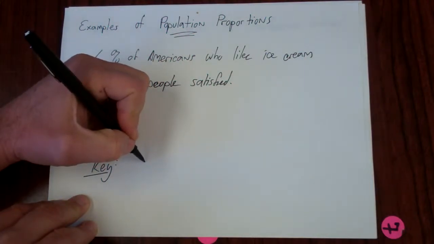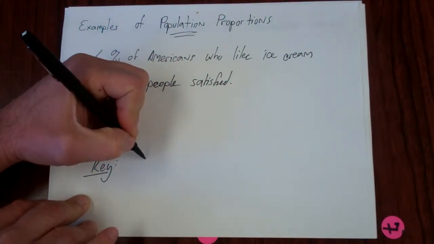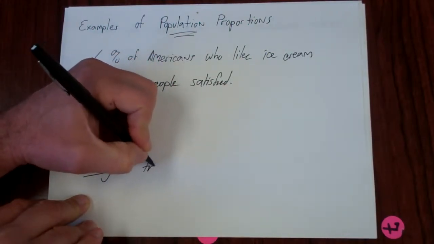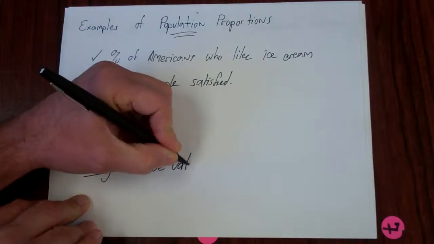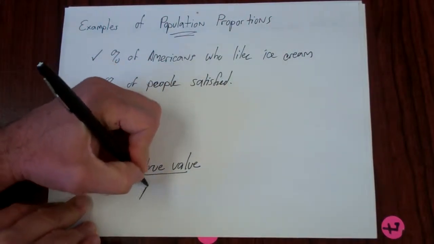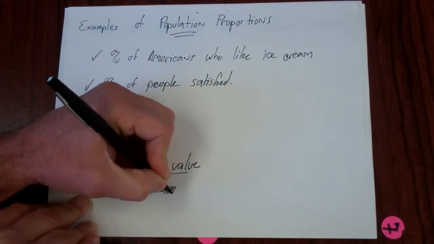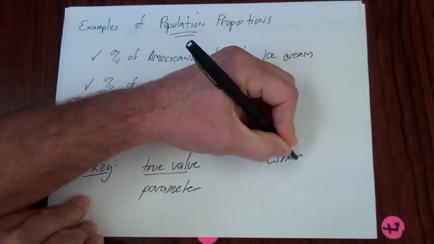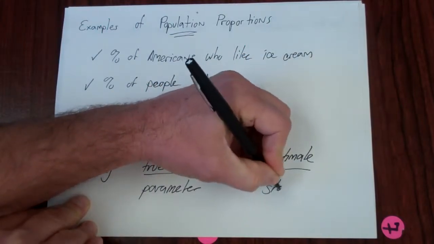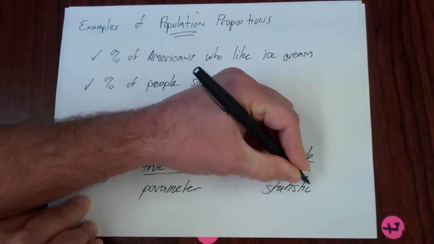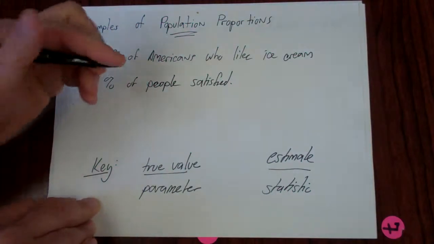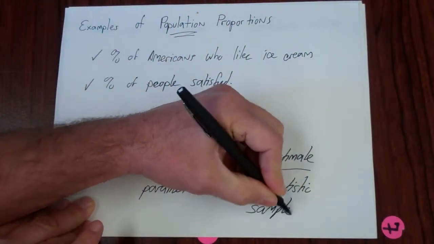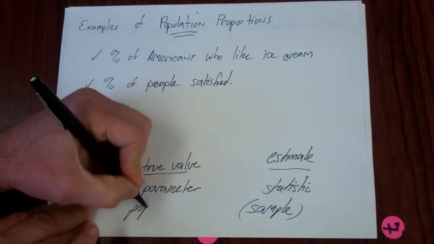The population proportion is the true value, and that's called a parameter. And the estimate is called a statistic. That's going to be the sample proportion, right? So this is the sample proportion, and this is the population proportion.